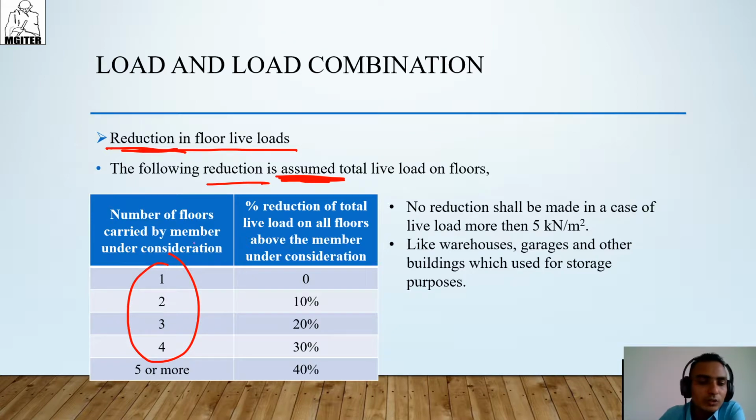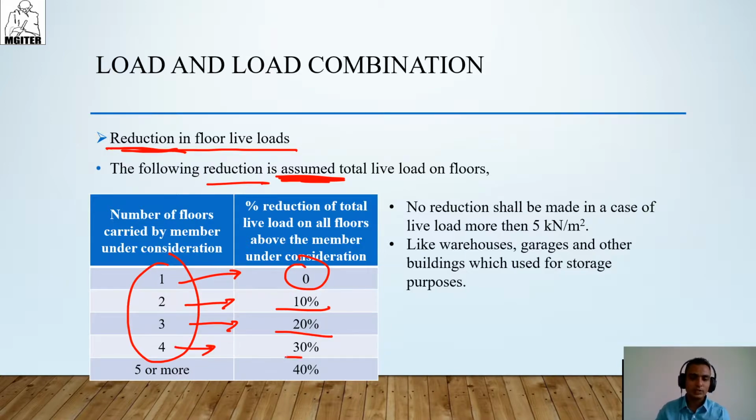So in this table you can see there is first floor 0% reduction, second floor 10% reduction, third floor 20% reduction, fourth floor 30% reduction, and fifth and more we get 40% reduction.